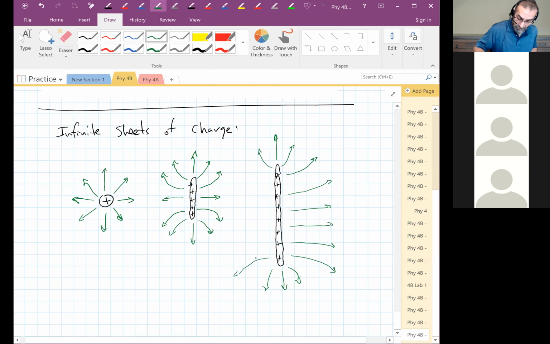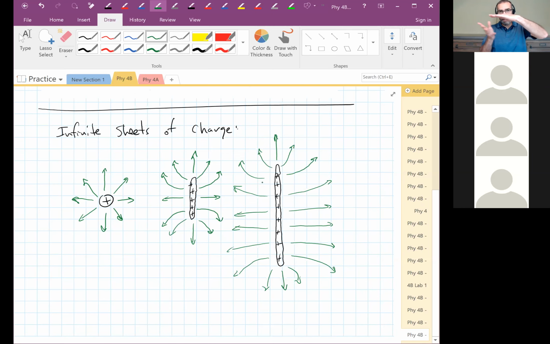Something like that, right? So what's happening as this gets longer and longer and longer, the electric field lines are becoming more uniform, right?